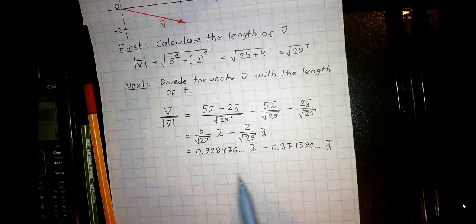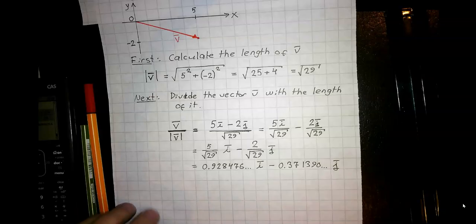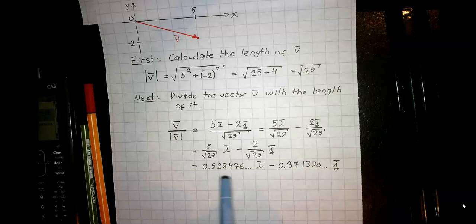So in this case, the unit vector will be such that it starts from the origin of the coordinate system, and it goes, let's round this, approximately 0.9 units to the right and approximately 0.4 units down.